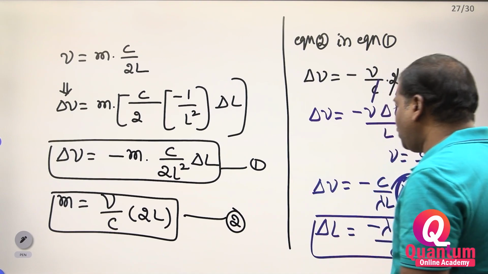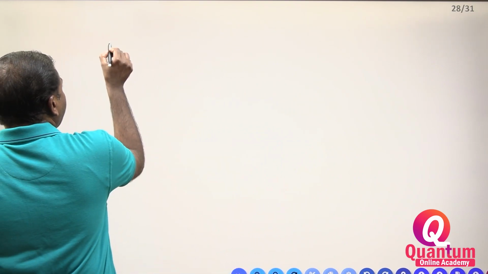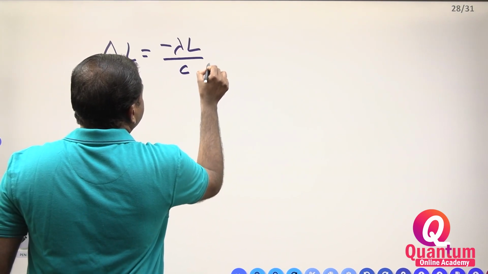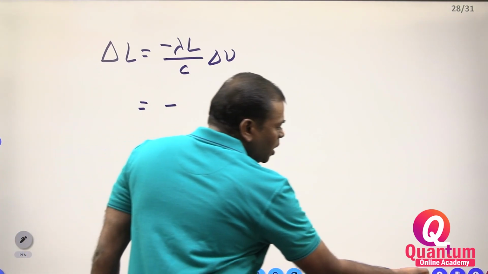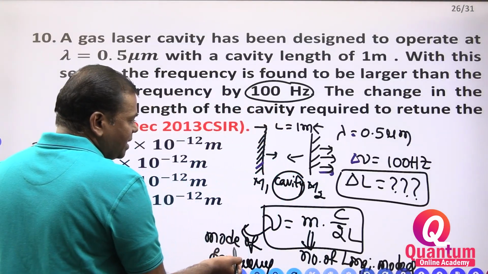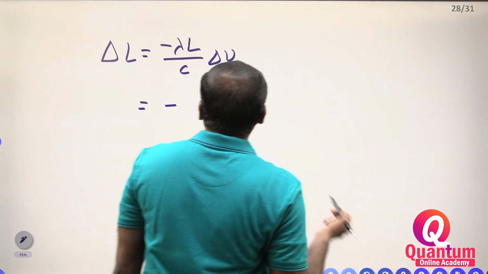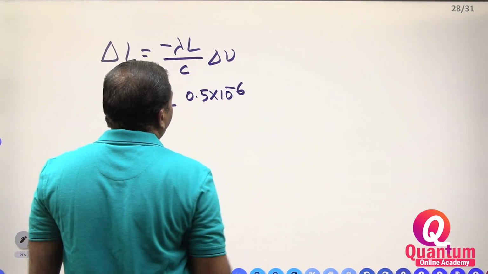All the values you know, just substitute the values and you will get the answer. The formula we derived for the change in length is delta L is equal to minus lambda L divided by C into delta nu. Lambda is 0.5 micrometer, which is 0.5 into 10 to the power of minus 6.